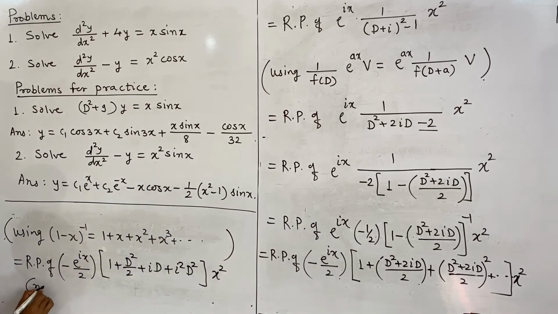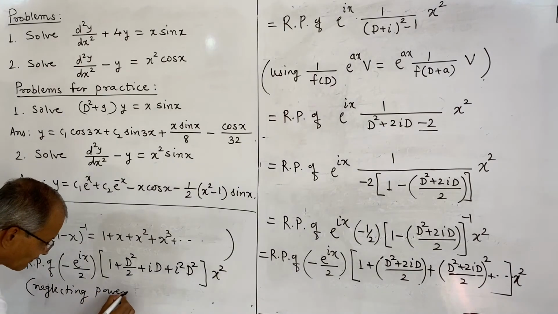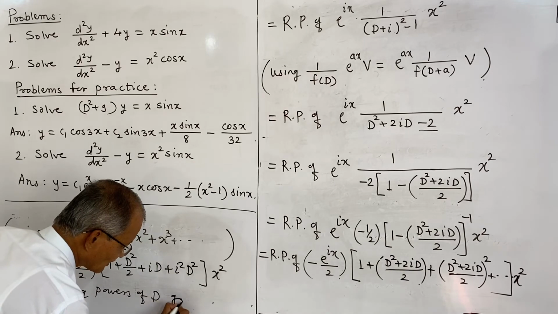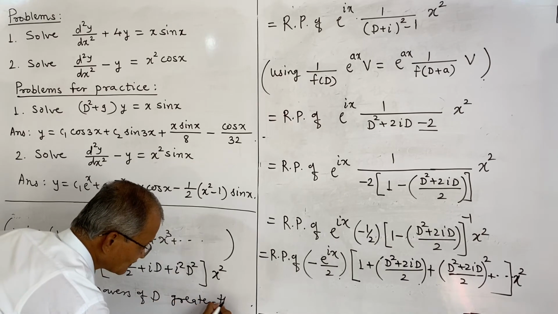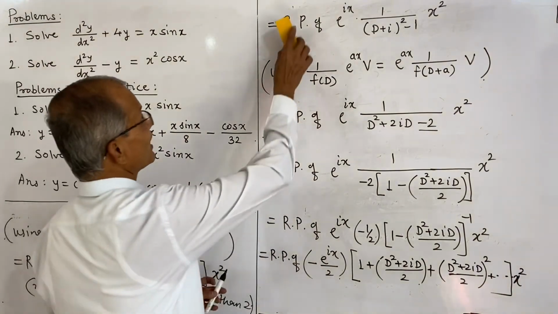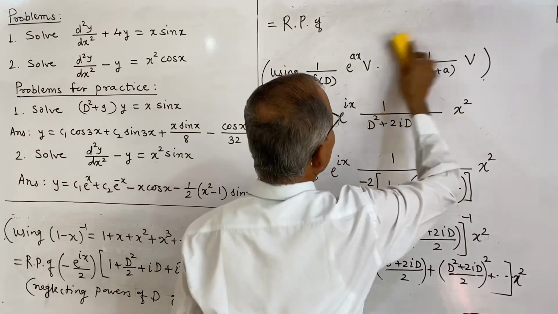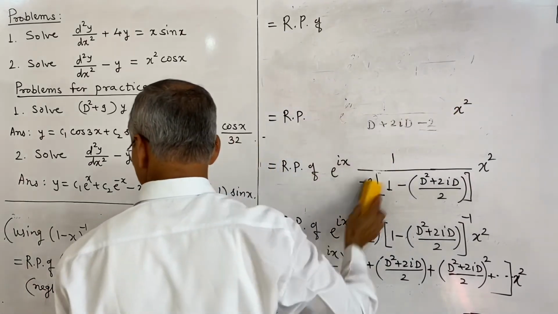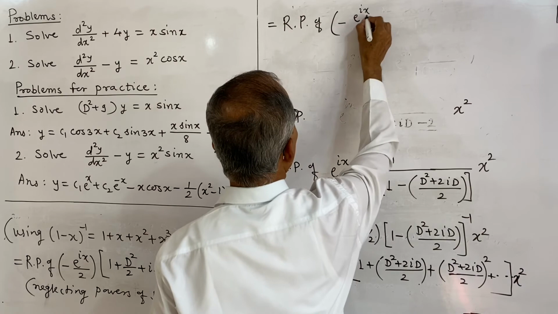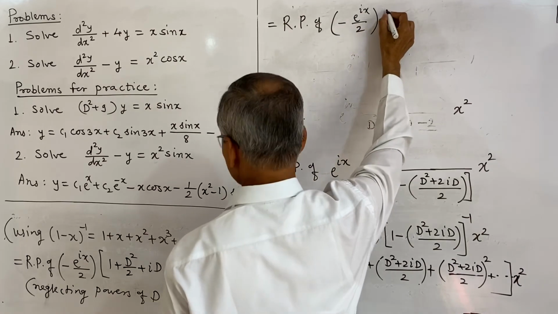We write, neglecting powers of d greater than 2, the real part of minus e power ix divided by 2, into bracket.